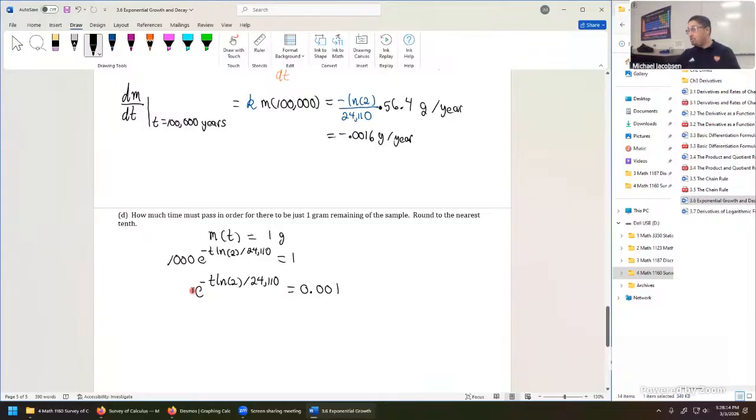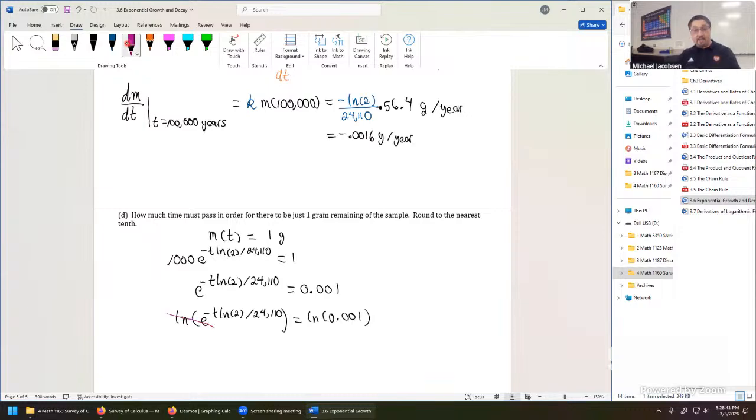Next step, take the natural logarithm of both sides. So the natural log of e to the power negative t natural log 2 over 24,110 is now the natural log of 0.001. Very large negative number on the right-hand side, but we have an extra negative sign that's going to flip it back to positive.